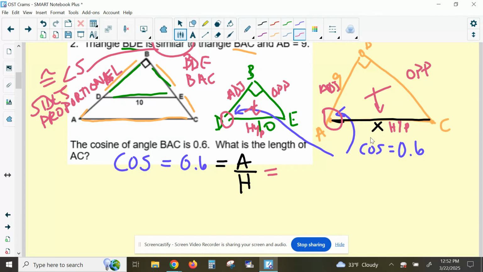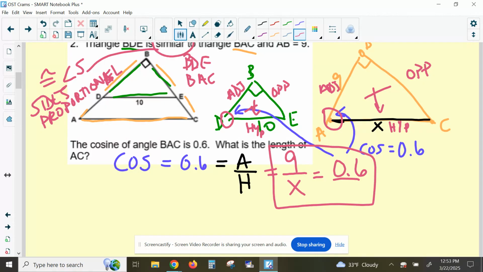If I just look at this triangle, 0.6. Now, which one are we trying to figure out? This one. So adjacent is 9, hypotenuse is x. So we know that 9 over x is equal to 0.6. So we do have a proportion we could solve here. Remember, let's put this guy over 1. Let's crisscross multiply.